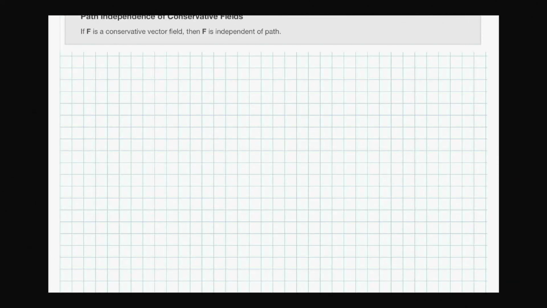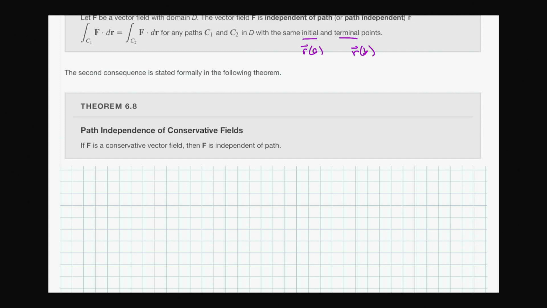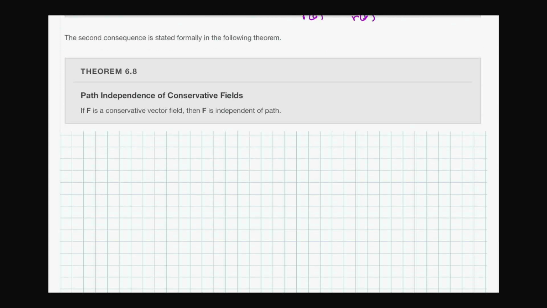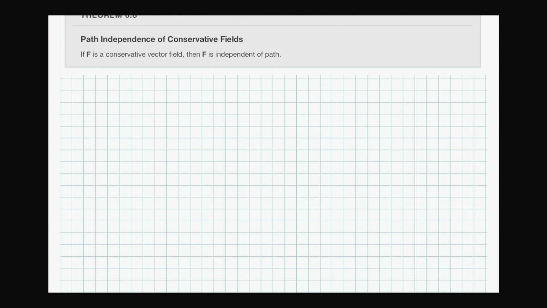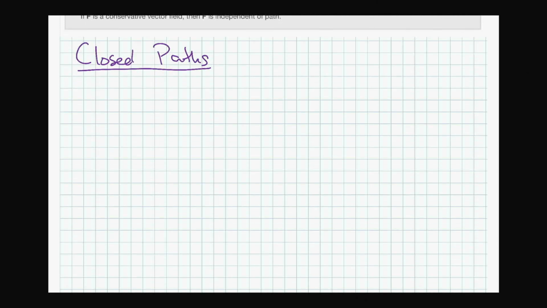That's nice. And then there is an actual important consequence of this. So an important consequence is this. If we think about what this is talking about, then what this is also saying is, I'm going to say closed paths, or closed curves.